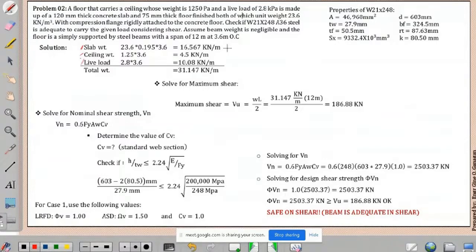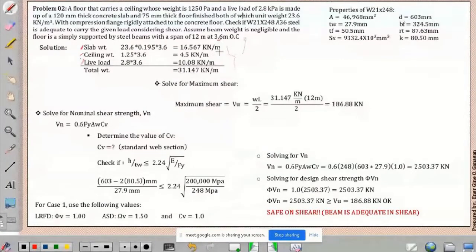These are the three loads mentioned in our problem. For the slab, what is mentioned is the thickness and the unit weight of the concrete, and then the spacing. Our spacing is 3.6.